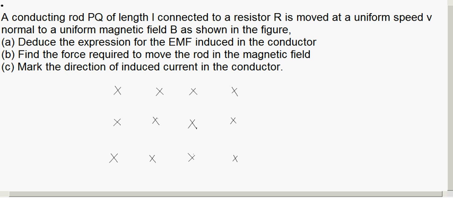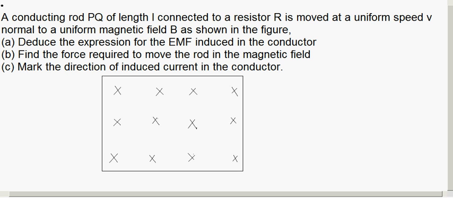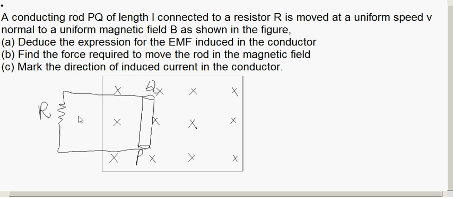This is a uniform magnetic field B, and in this field we are placing a conductor PQ. It is connected to a resistor R and moved in this direction with velocity v or speed v.